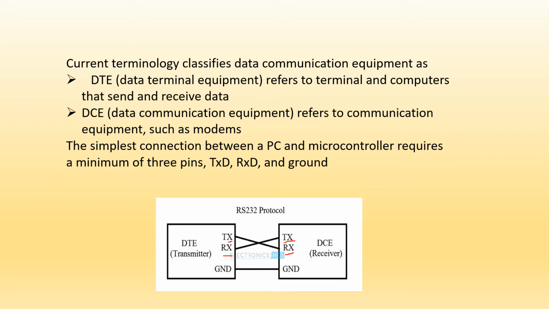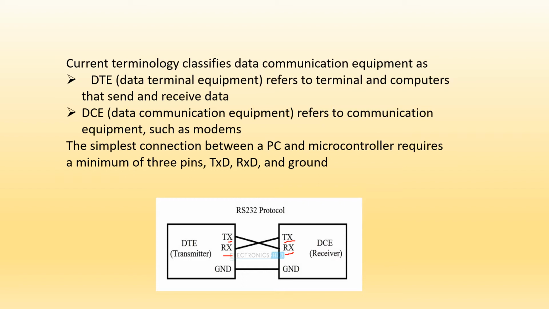Whenever the computer is transmitting the data, the microcontroller is receiving the data, and whenever the microcontroller is transmitting, the computer is receiving. DTE is the computer and DCE is the microcontroller. The grounds of both are connected together. These are the basic three connections used to make communication between the computer and the microcontroller.